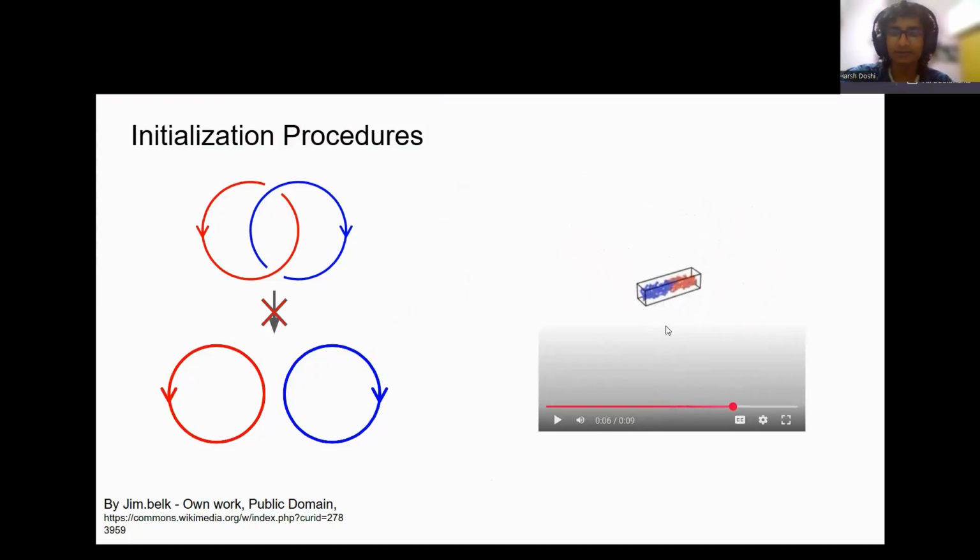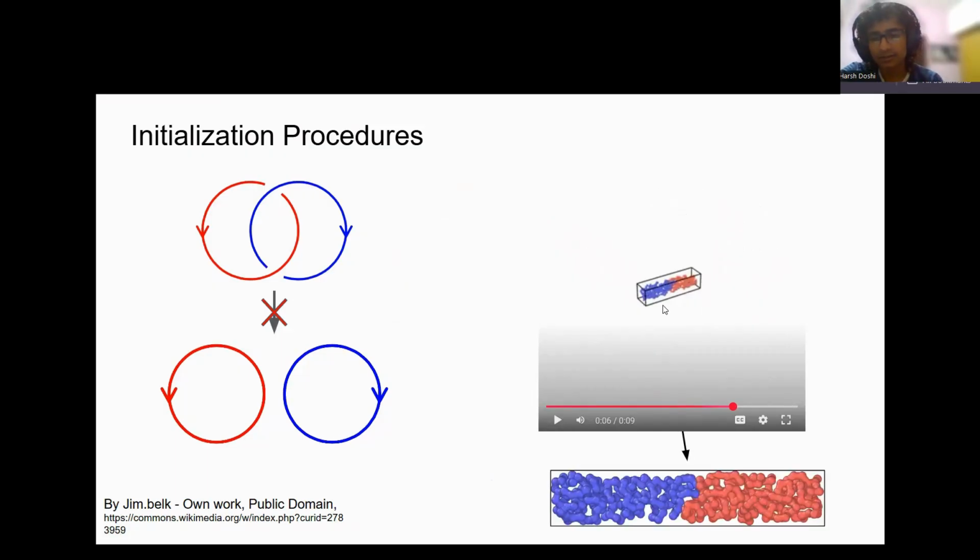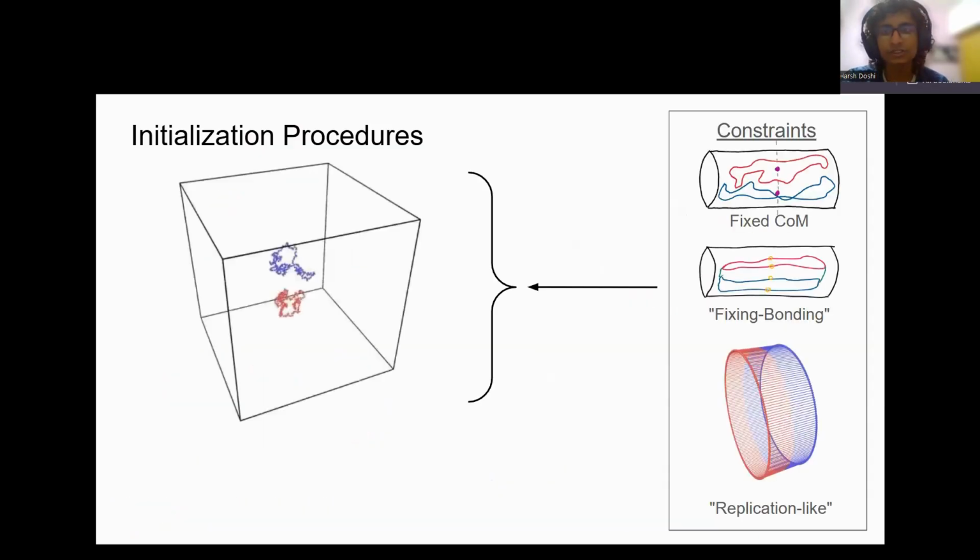However, in confinement, the polymers prefer to be in a segregated state. So if we do not do anything else, they will naturally occupy this segregated state and we would not obtain a mixed state from which we can start segregation. In order to avoid the polymers already becoming segregated while the shrinking is happening, we impose additional constraints.